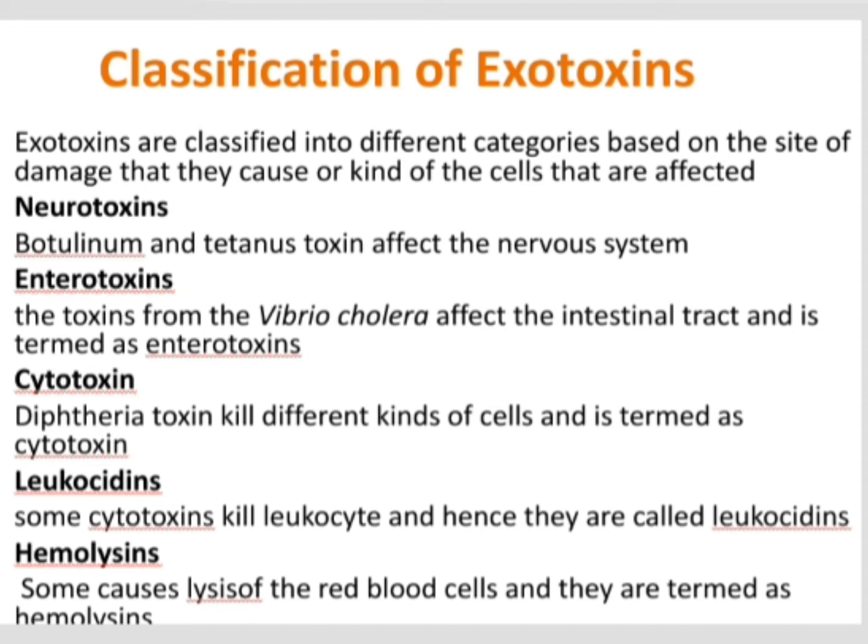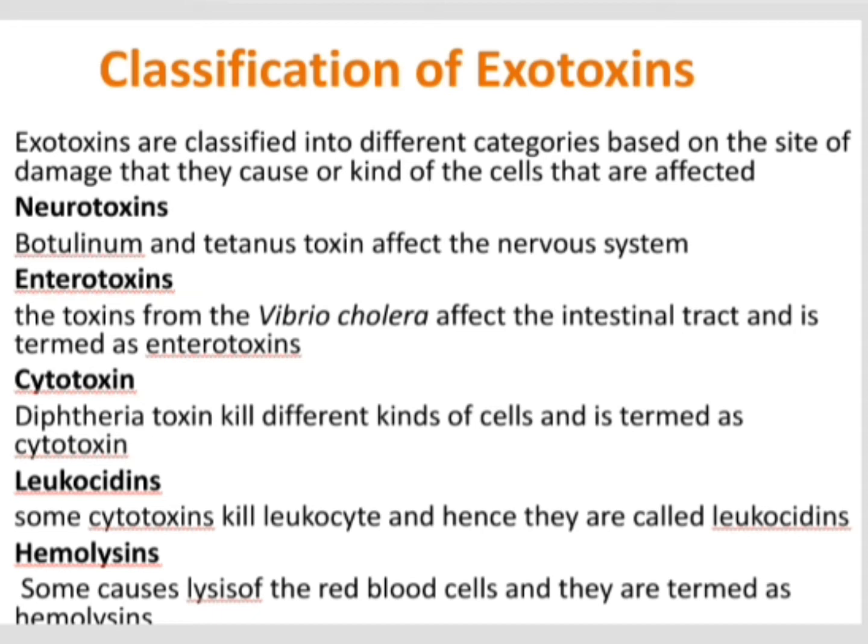Example, cholera toxin produced from Vibrio cholerae. Cytotoxins affect different kinds of cells. Example, diphtheria toxin. Cytotoxins are again classified into leucocidins, which affect the WBC or leukocytes, and hemolysins, which cause the lysis of RBC.